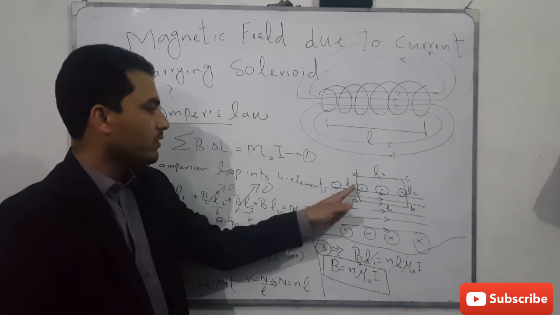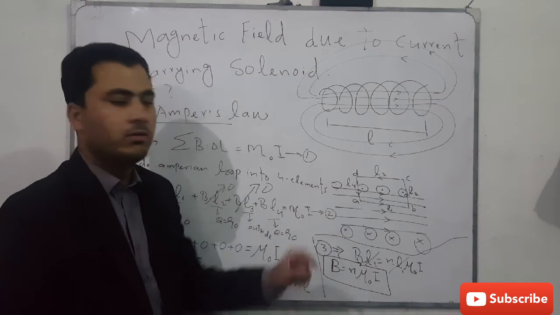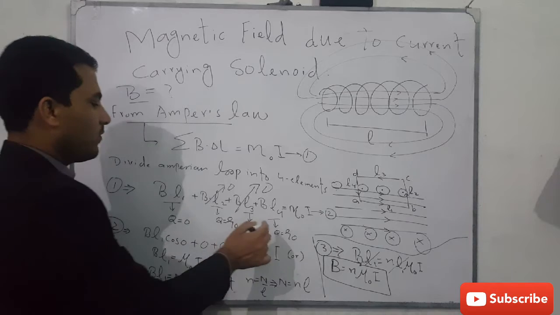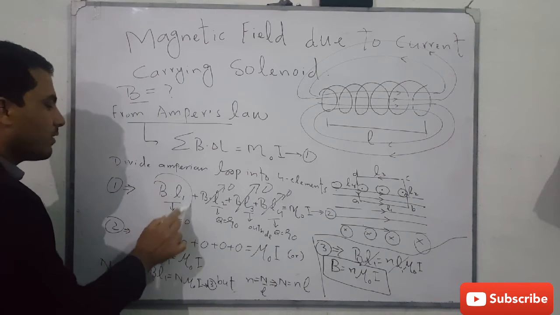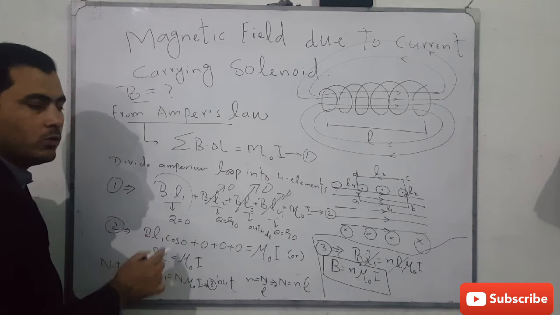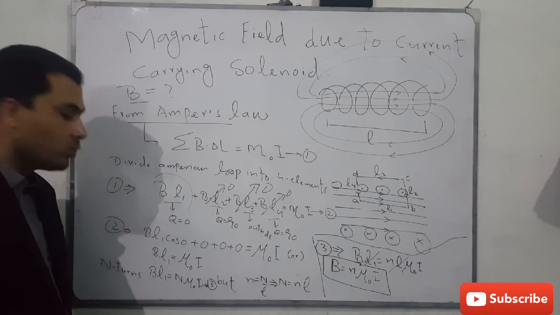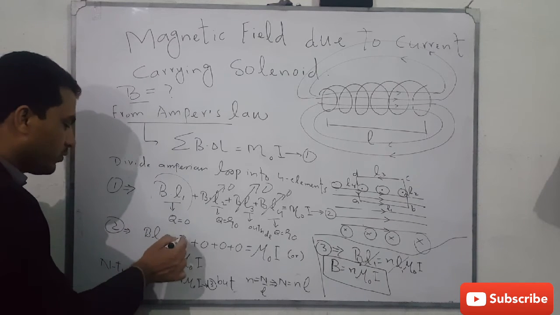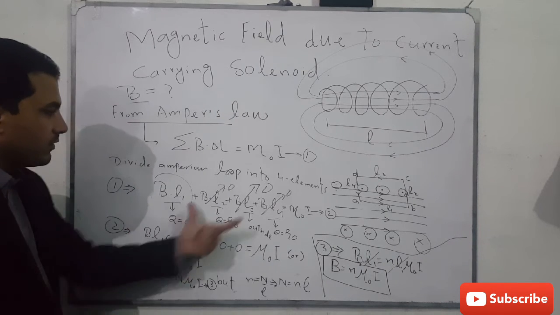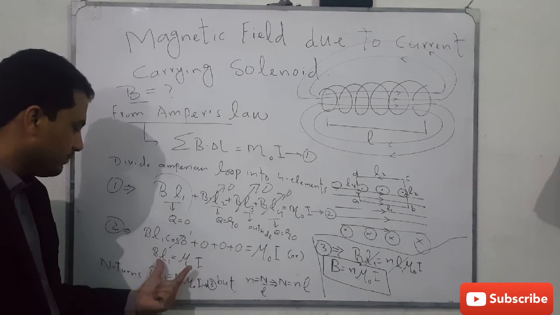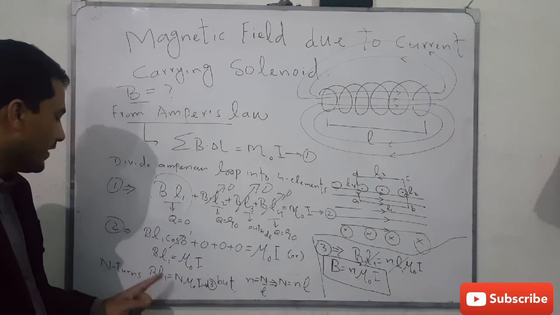L4 is also at right angle to the magnetic field, so cos 90 is again 0. Only this term survives, because theta is equal to 0 and cos 0 is equal to 1. Only B L1 is left, so this equation becomes B L1 is equal to mu naught I.